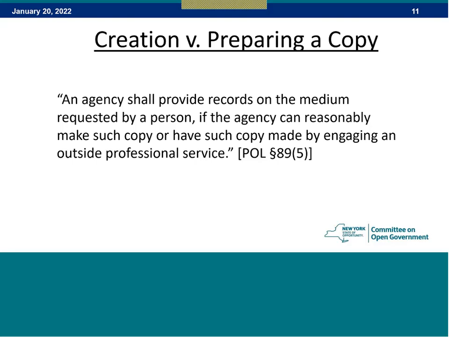If you can just as easily scan those records as you would photocopy them, and the person making the request would like an electronic version of the records emailed to them, an agency should do so. If you can scan them to a PDF or some other electronic format and attach it to an email, and that's how the person making the request wants the record, and you have the ability to do it, the agency should do that.